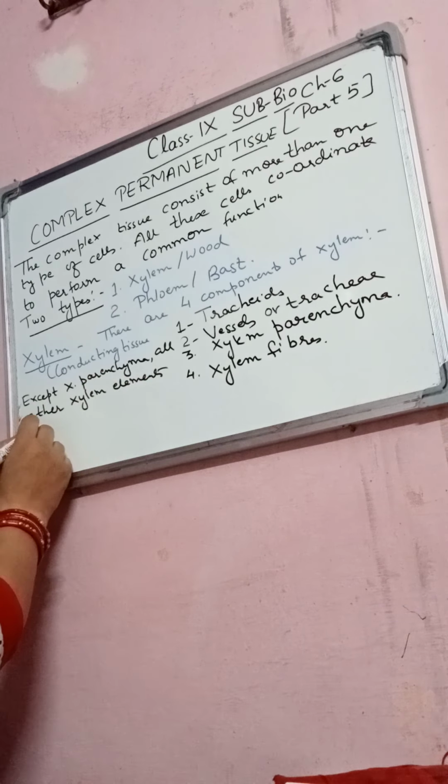Now xylem parenchyma. What is the role of xylem parenchyma? Xylem parenchyma can store food and help in lateral conduction of water. And what is the main function of the xylem? This is important.